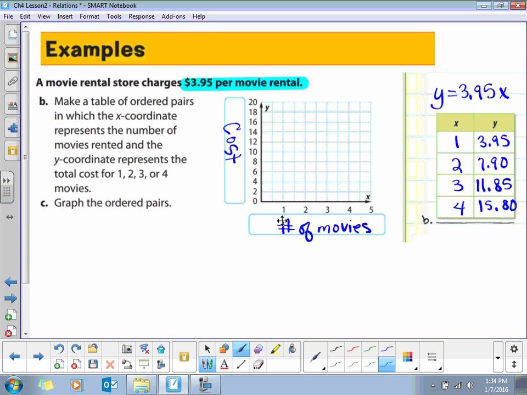X comma Y, X comma Y, X comma Y, X comma Y. So this is going to be 1 comma $3.95. So that's almost 4, so that's about right there.